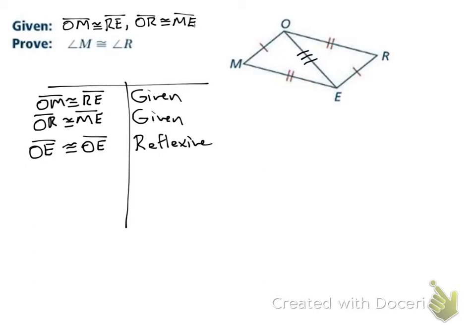What's the congruence type? Perfect. Okay, now you have to name the triangles. Make sure you go in the right order. That is an important part. I'm just going to name one of them, and then I'll make sure the second one matches. So how do you want to name this one? OME, okay?